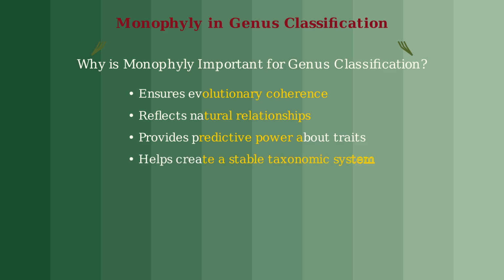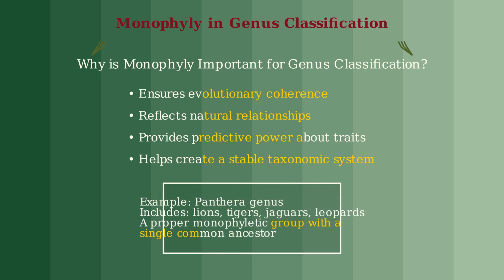Finally, monophyletic classification helps create a stable taxonomic system that doesn't need frequent revision. A concrete example of monophily in genus classification is the Panthera genus, which includes lions, tigers, jaguars, and leopards. All these species share a single common ancestor, making Panthera a proper monophyletic group.